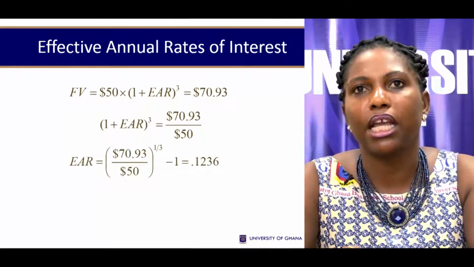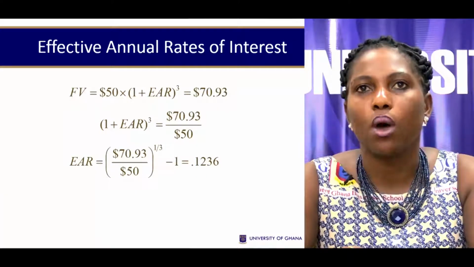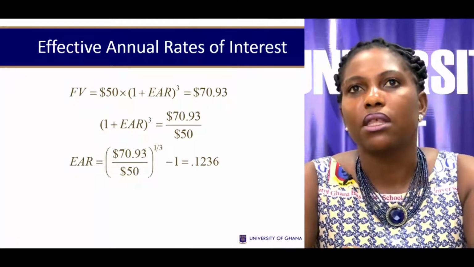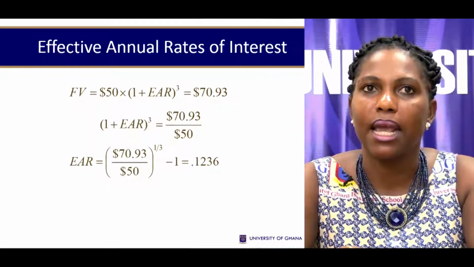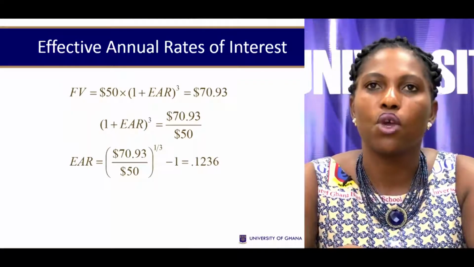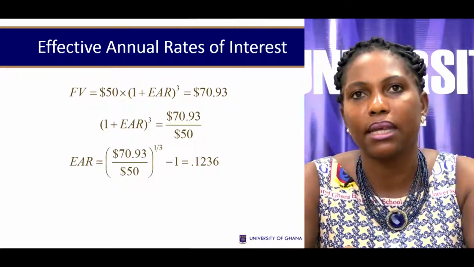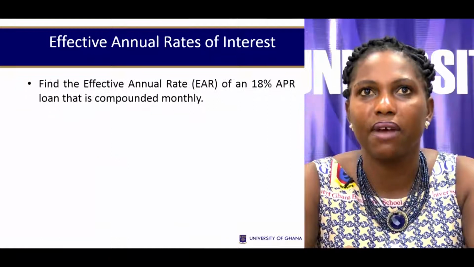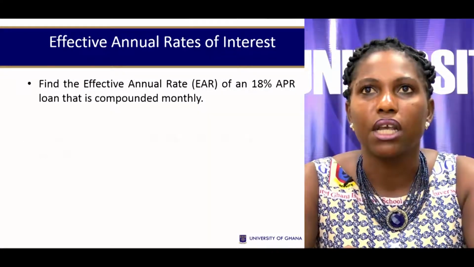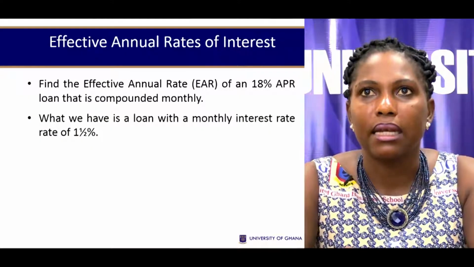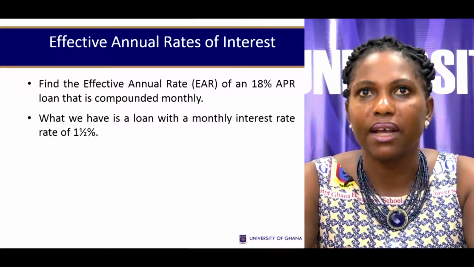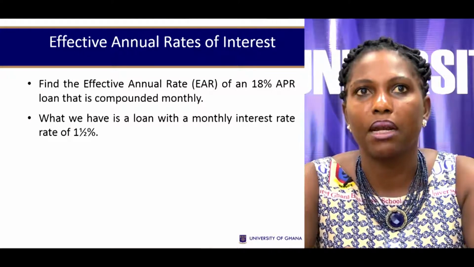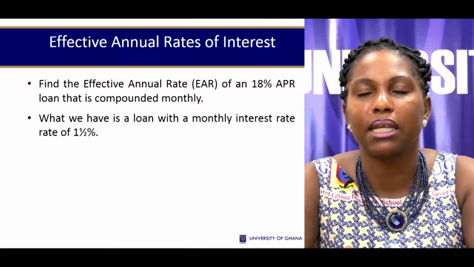So even though the interest rate quoted was 12% to start with, effectively 12.36% was in place because of the frequency of compounding that was in excess of once per year. So that's what we have for the effective annual rate of interest. So for an EAR, that is the effective annual rate of interest, for 18% annual rate compounded monthly, it means we've got 18% per annum.